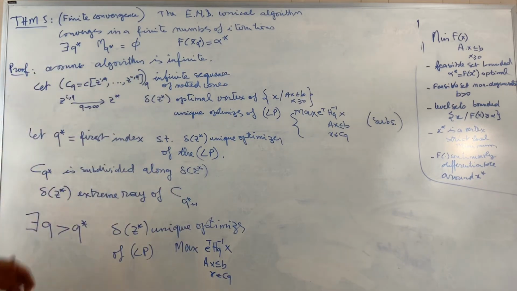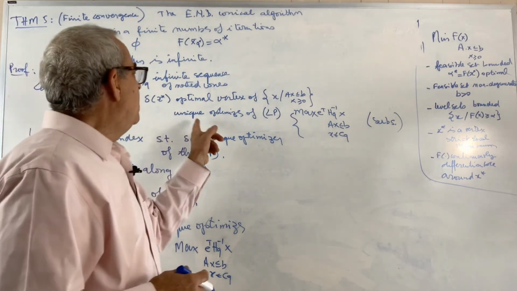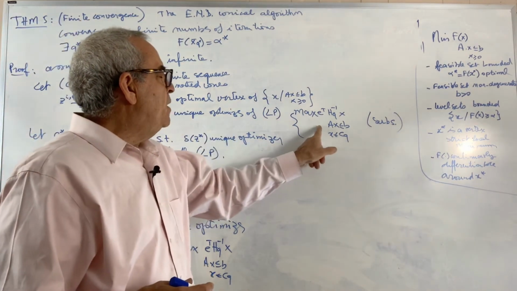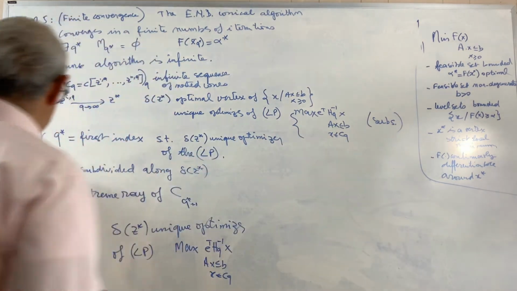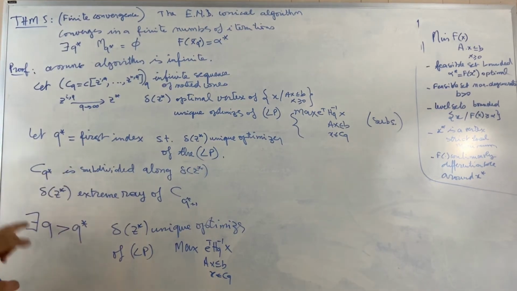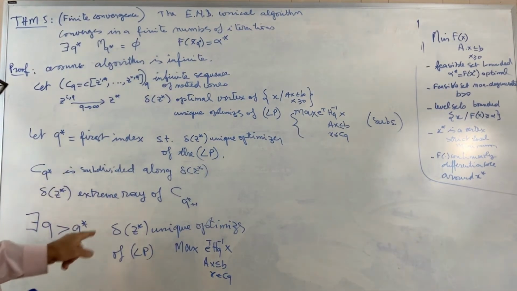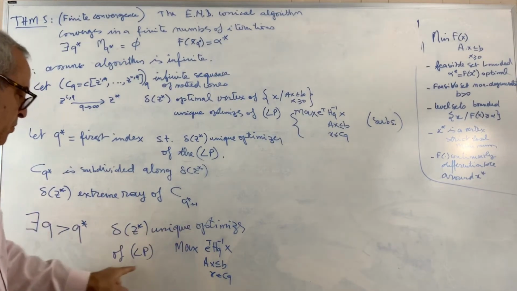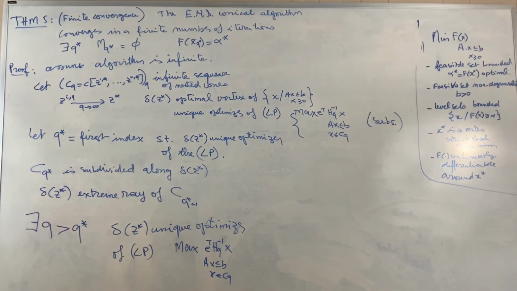Because we have infinitely often that delta of Z star is a unique optimizer of this, for iterations after Q star, I'm going to find a Q bigger than Q star such that delta of Z star is the unique optimizer of the LP.